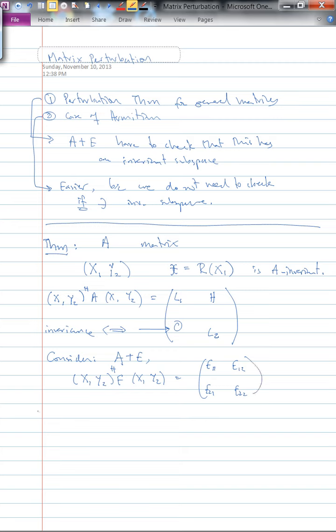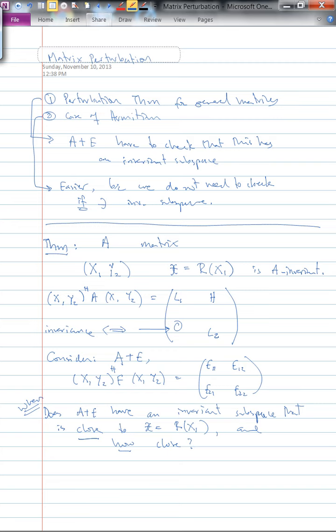So what I want to know is, when does A plus E have an invariant subspace that is close to the range of x1, and how close? So that's what we'd like to answer.